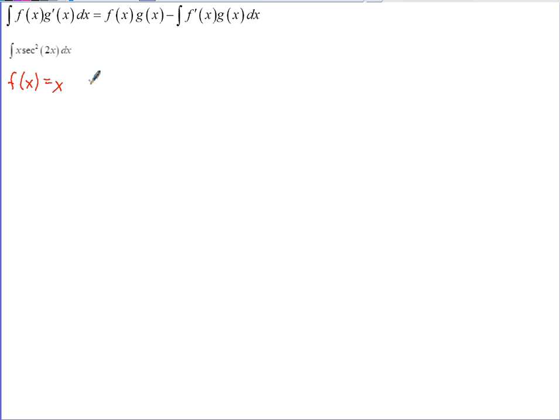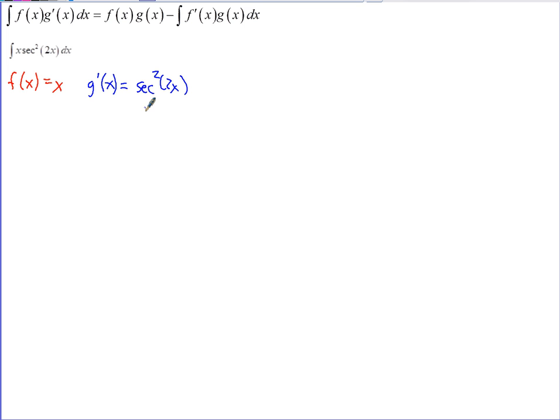But if we set g prime of x equal to secant squared, it actually doesn't get more complicated. It's one of the trig integrals, so it actually gets a little simpler. So that's another way to tell it's going to work out better this way.